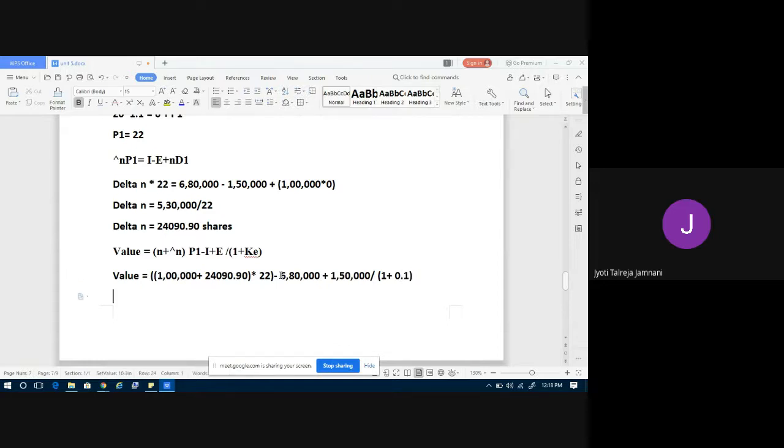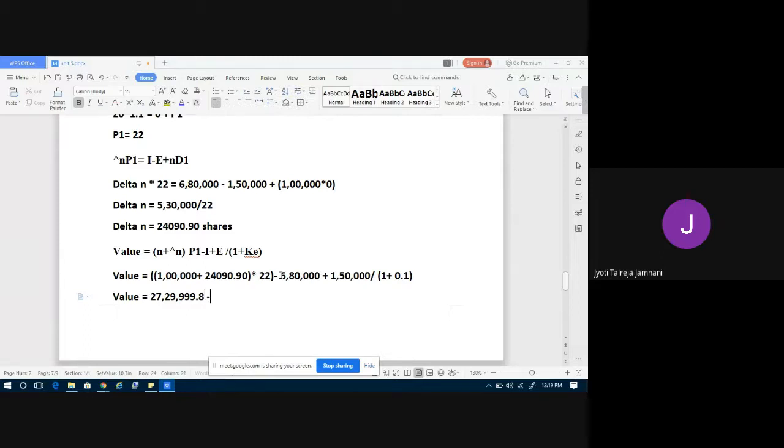Okay, now we can solve it. Value is equal to 1,24,090.90 into 22. Anybody has got the answer? Total of this multiplication, 27 lakh 29,999.8.